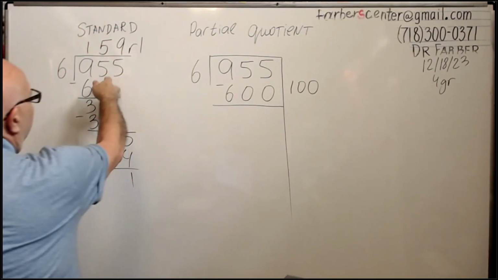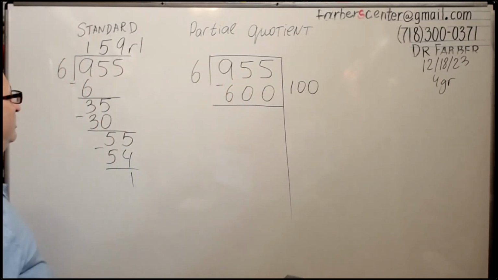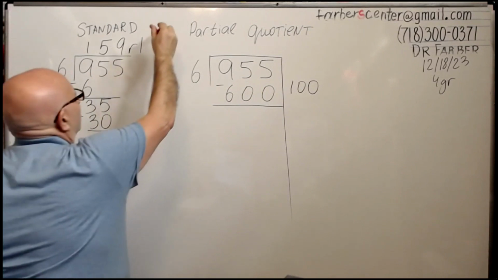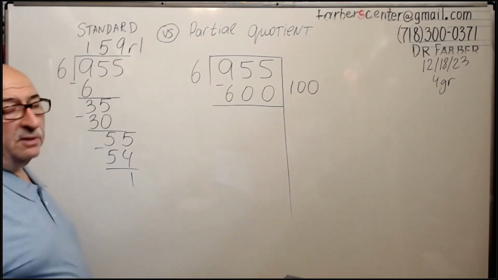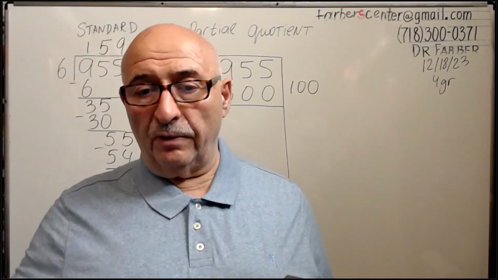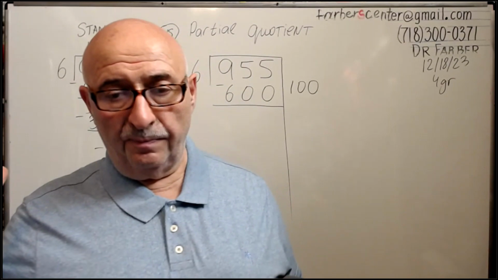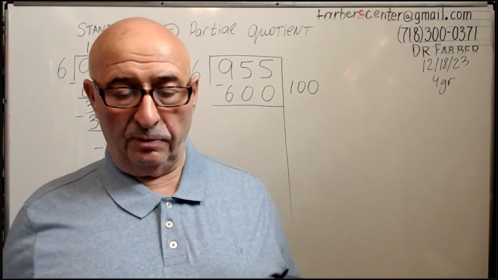This is standard, and this is the same example with partial quotient. The same numbers, but a different way. One way is the standard way, and the second is partial quotient.